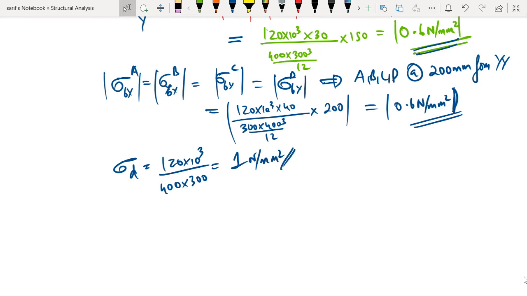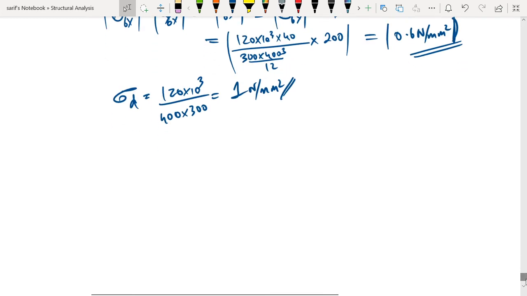Okay, so now we can alternatively write the equations for the stresses at the different points.